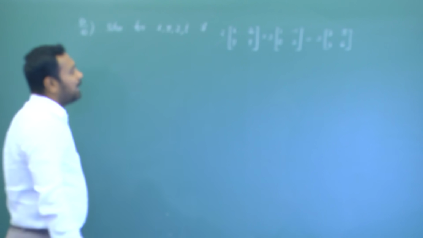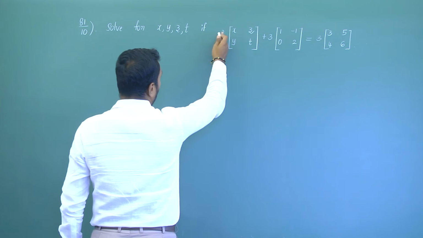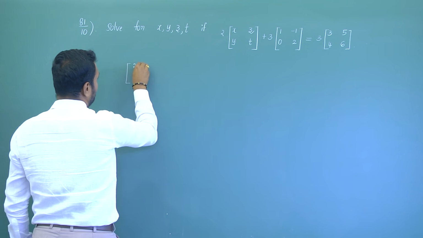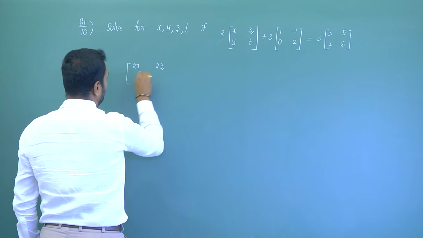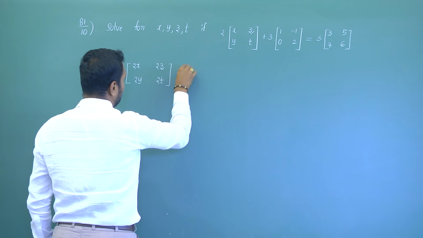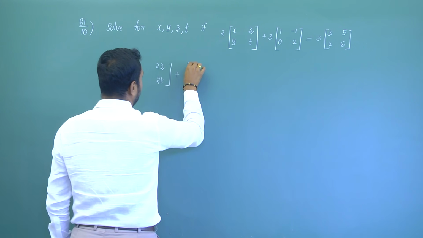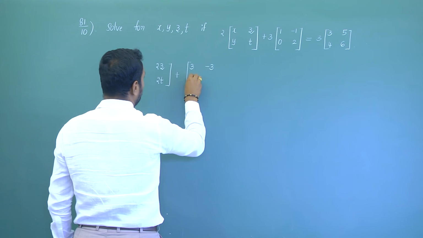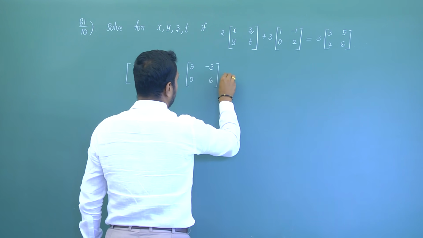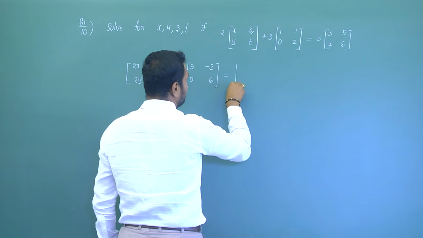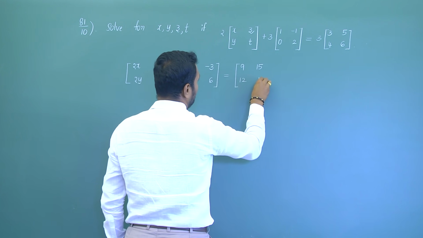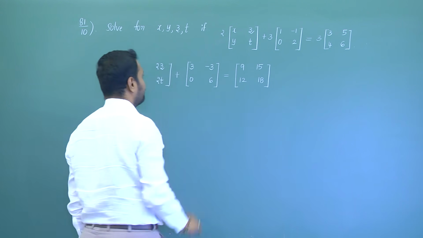If you simplify this matrix equation first, 2 should be multiplied inside for each and every element, so that it is 2x, 2z, 2y, 2t, plus if you take 3 inside, it is 3, minus 3, 0, 6. This is equal to, if you take 3 inside, 9, 15, 12, 18.